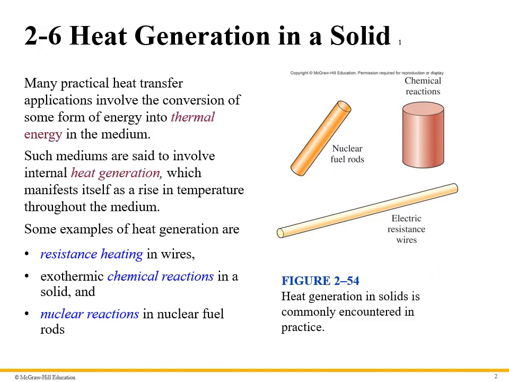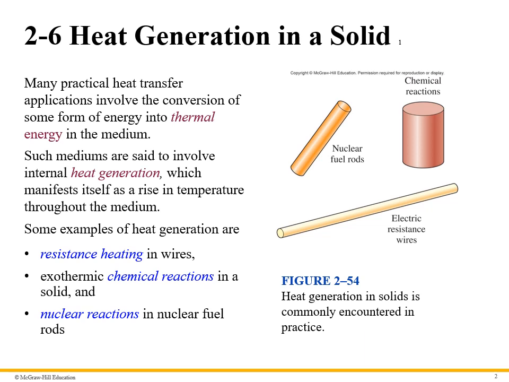Many practical heat transfer applications involve the conversion of some form of energy into thermal energy in the medium. Such mediums are said to involve internal heat generation, which manifests itself in a rise in temperature throughout the medium. Some examples of this are resistance heating in wires.